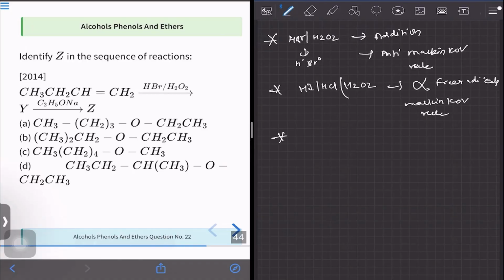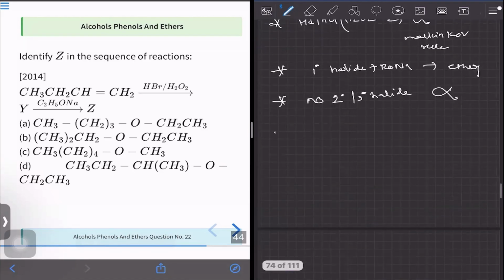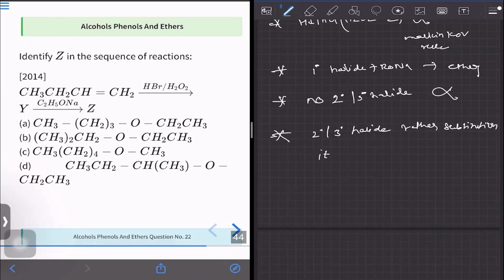And whenever a primary halide reacts with RONa, it produces ether. Secondary or tertiary halides don't give this reaction, because they undergo elimination rather than substitution.